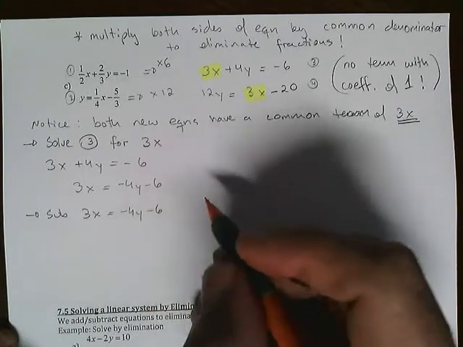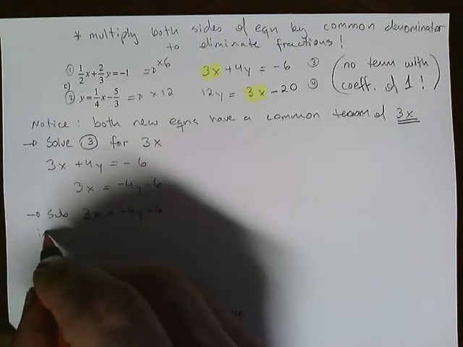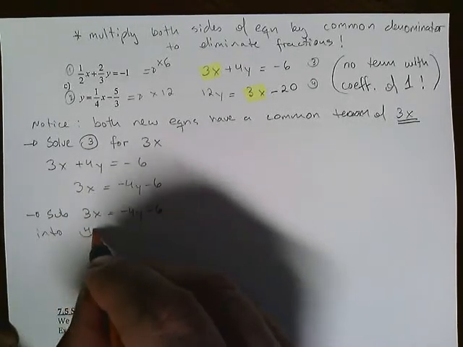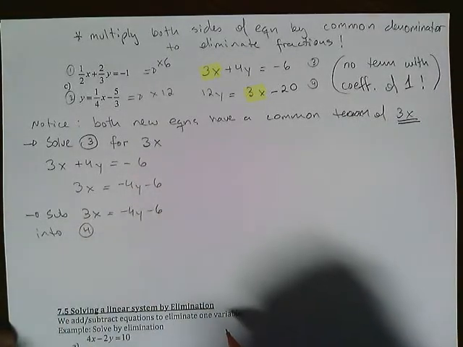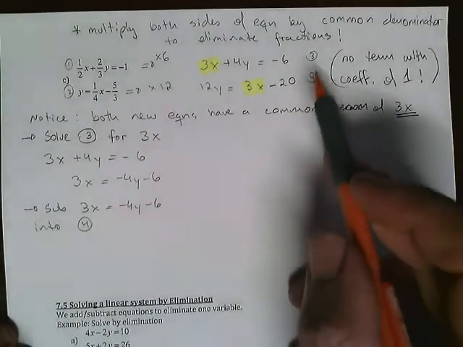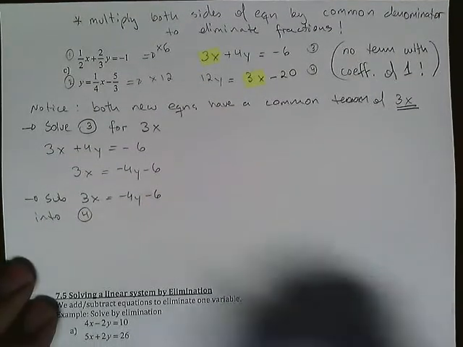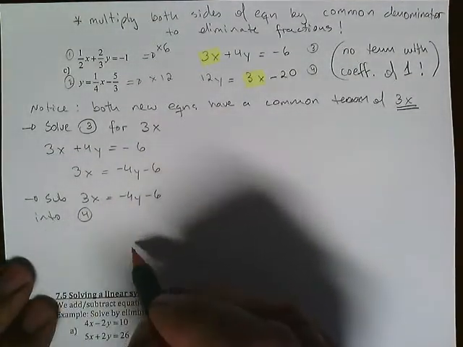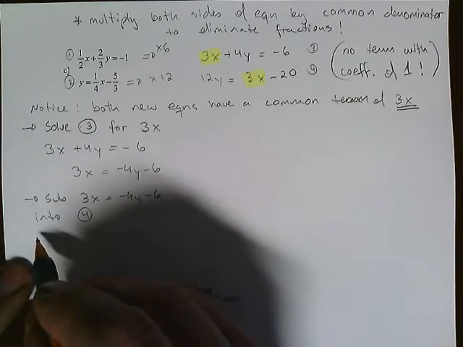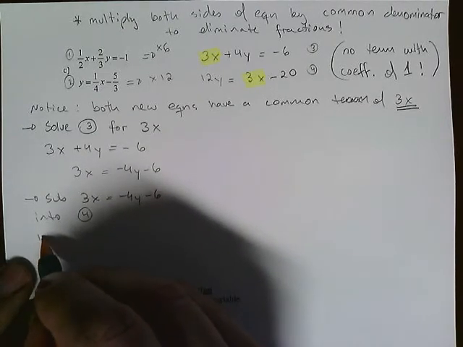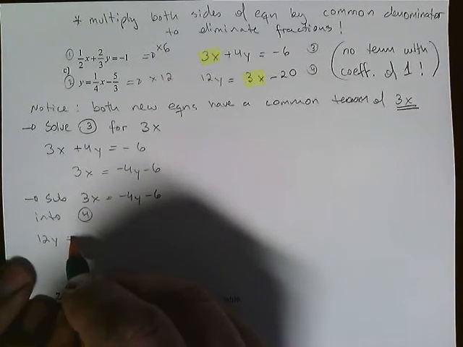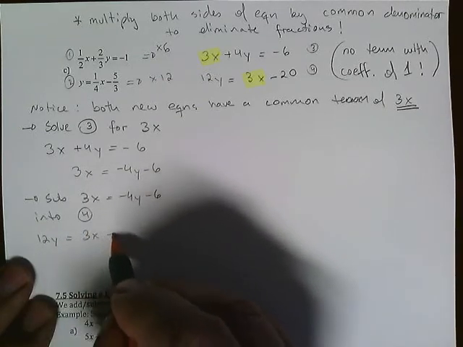Into, we're going to sub that into equation 4, okay? That is important that we're now dealing with 3 and 4. We're not dealing with 1 and 2 anymore. And let's see, I might run out of room here, but let's go with it. So you've got 12y is equal to 3x minus 20.